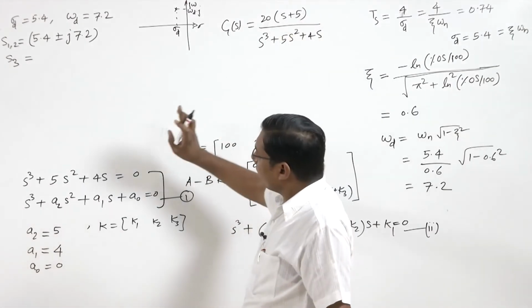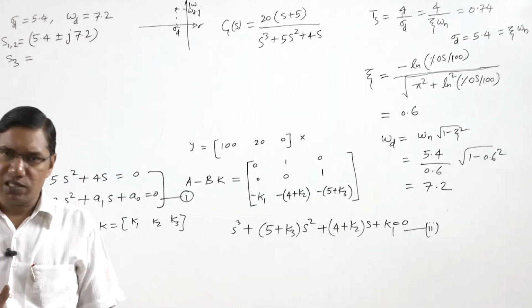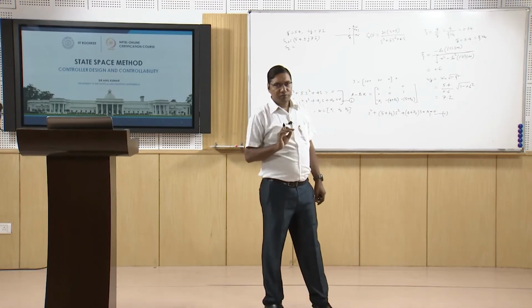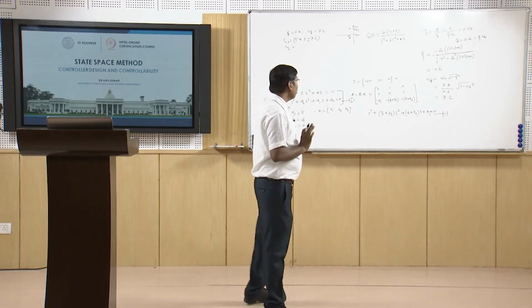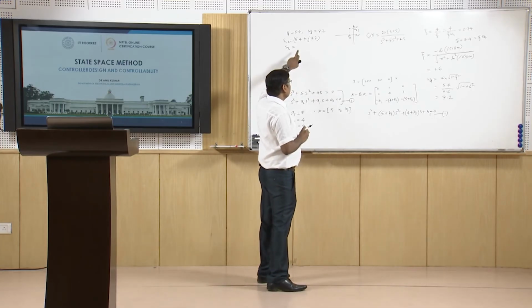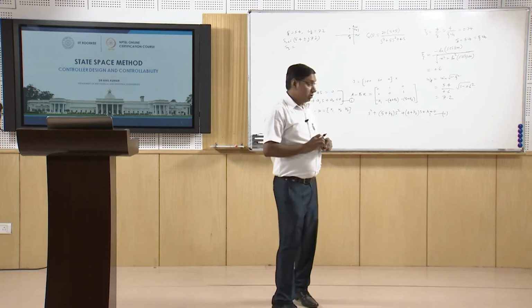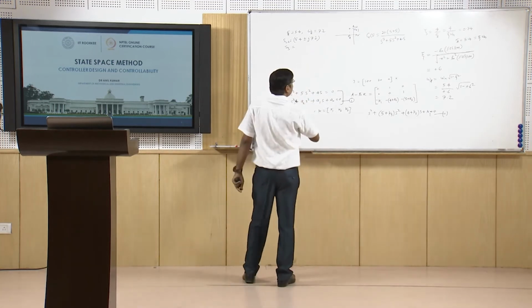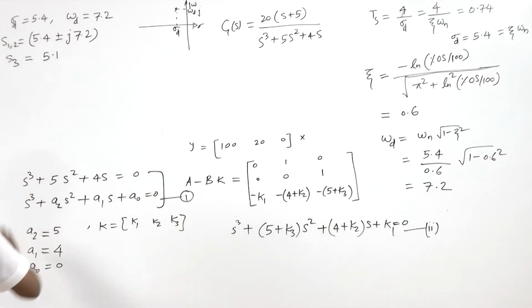If we put the third pole near this zero, the pole-zero cancellation will take place, and therefore the higher order pole will not affect the response of the dominant poles. So therefore let's put this third pole near 5. So let's say 5.1.